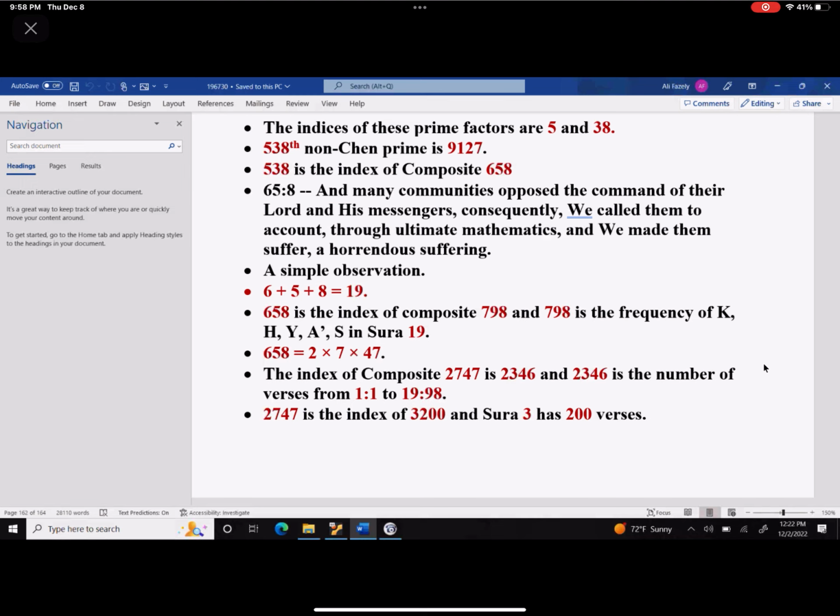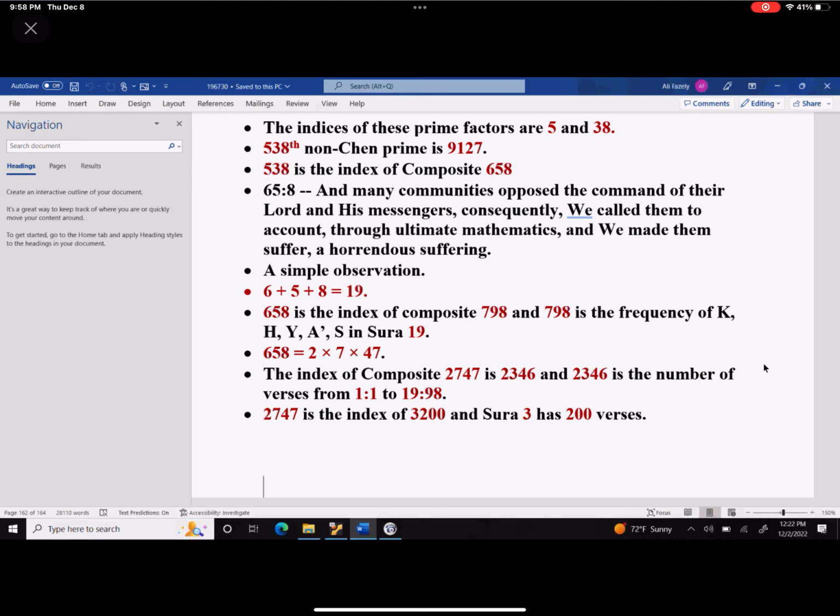And then you can see the literal similarity between chapter 3, which is called the Amramites, and chapter 19, which is called Maryam, who was Jesus' mother.